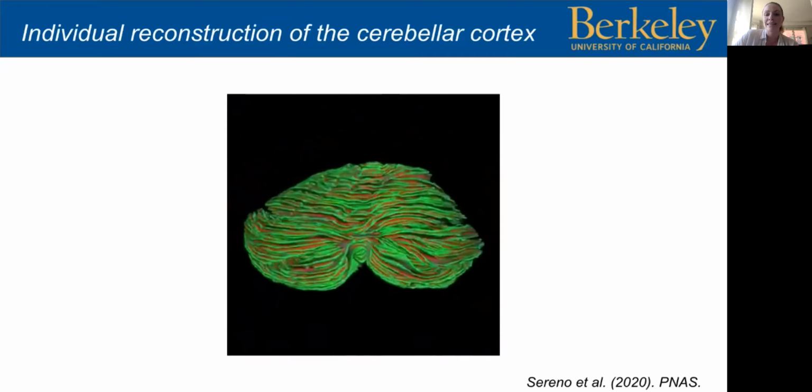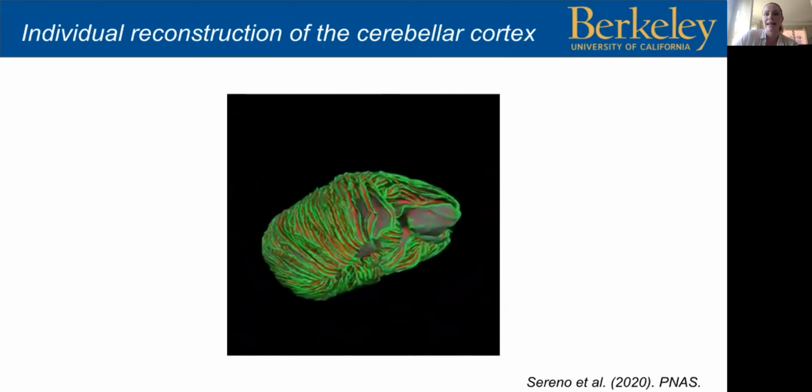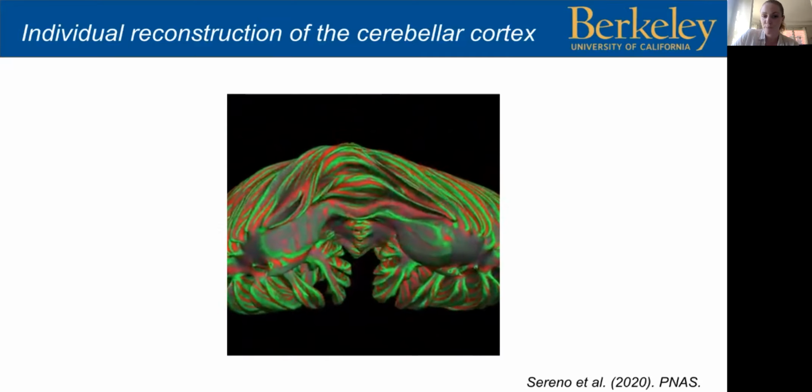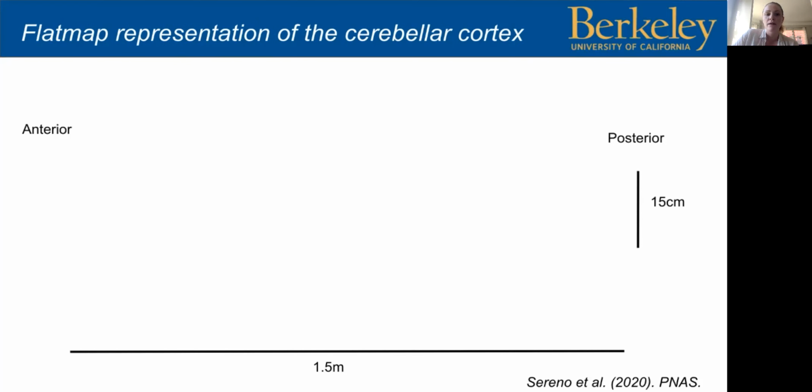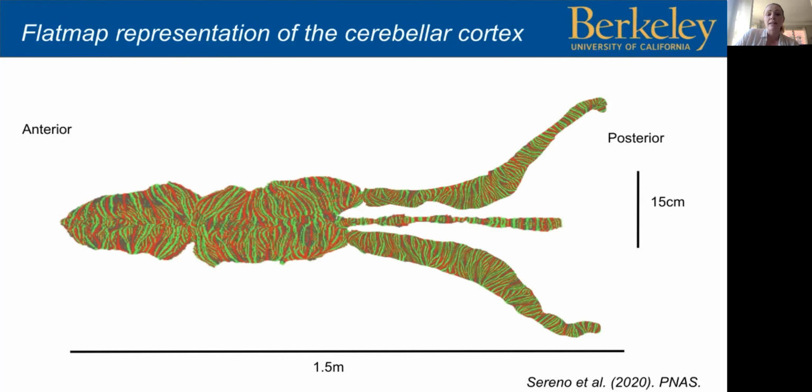And color here indicates local curvature, with green indicating the crest of a folium. When this reconstructed volume is flattened, it is estimated at 78% of the surface area of the entire human neocortex. However, due to the current constraints of imaging techniques, it's really not feasible to resolve down to the level of individual folia in our research participants.